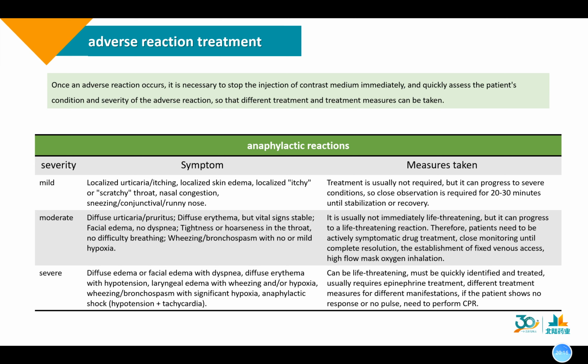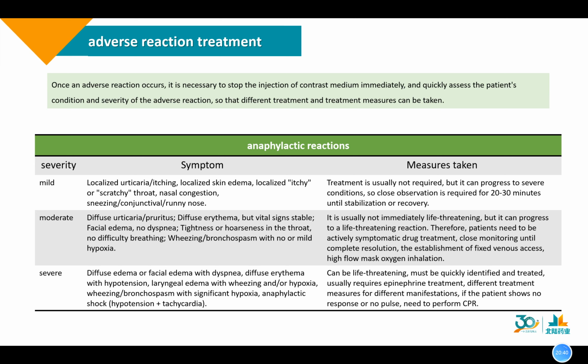The moderate anaphylactic adverse reaction is usually not immediately life-threatening, but it can progress to a life-threatening reaction. Therefore, patients need active symptomatic drug treatment, with close monitoring until complete resolution.